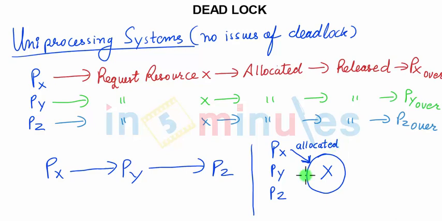Now, till the time process X has acquired resource X, let's try to understand what would happen to PY and PZ. During this period of time, PY and PZ are waiting.